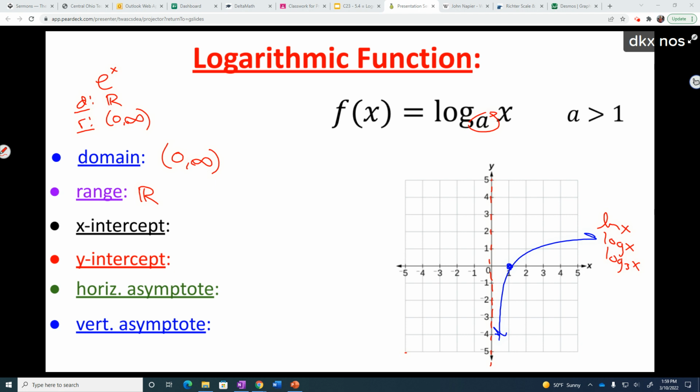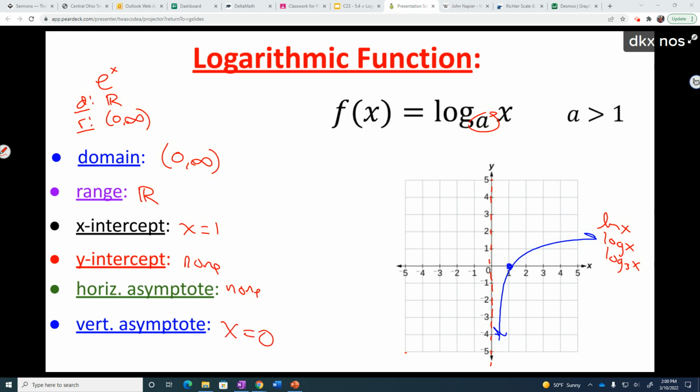And e to the x did not have an x-intercept. This one does, at x equals 1. It had a y-intercept, this one doesn't. It never crosses. E to the x had a horizontal asymptote. This one doesn't, but it does have a vertical asymptote here at x equals 0.